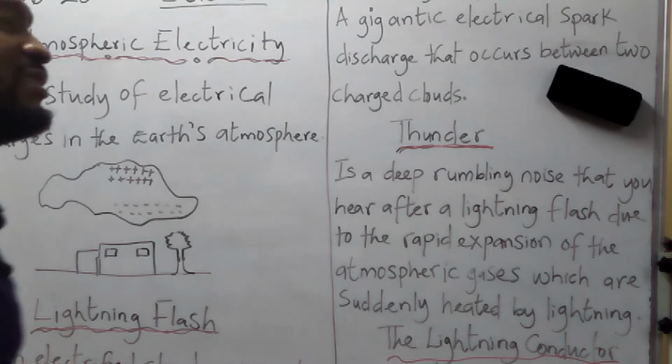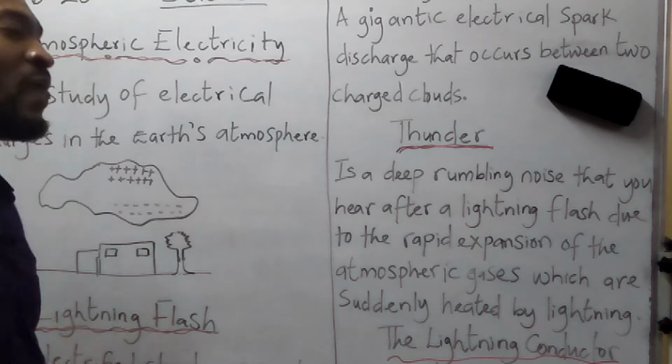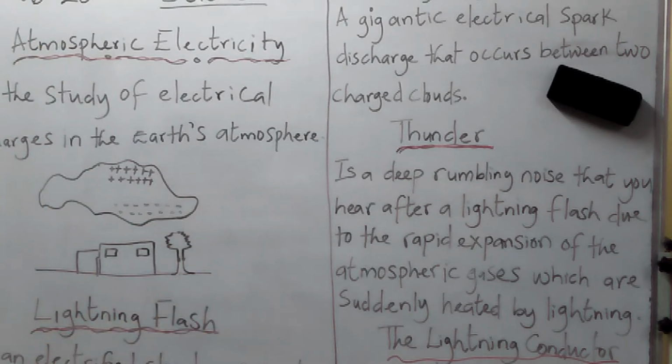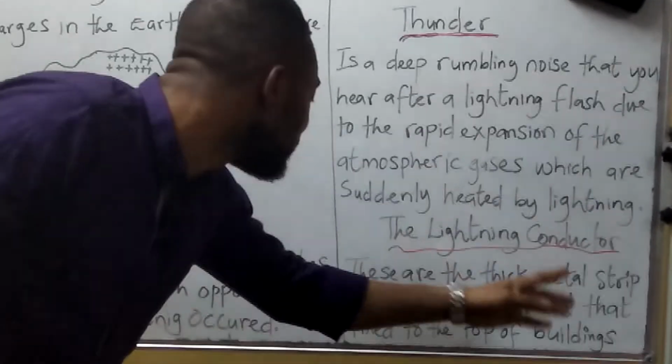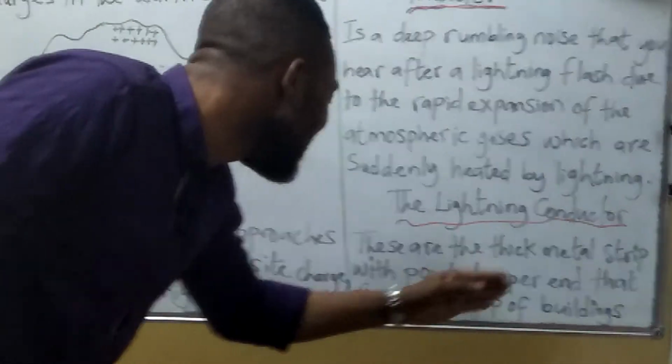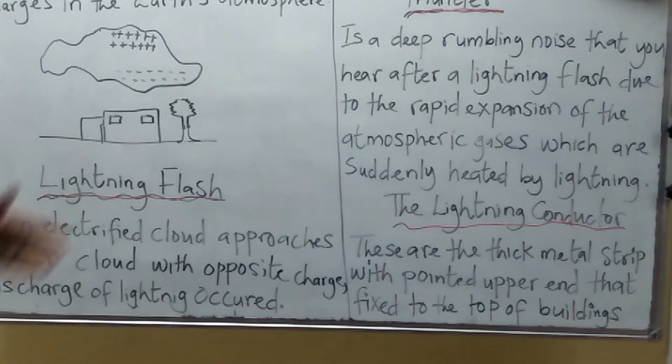Though we might not be aware of it, they really exist, and they are mounted at the upper part of any building. These are thick metal strips with a pointed upper end that fit to the top of your building.